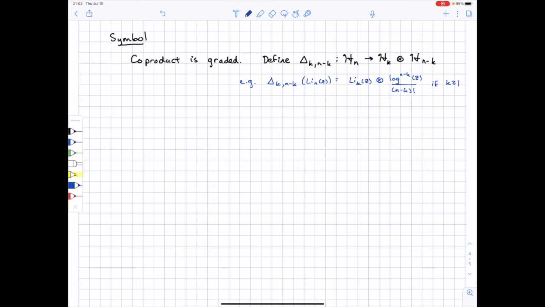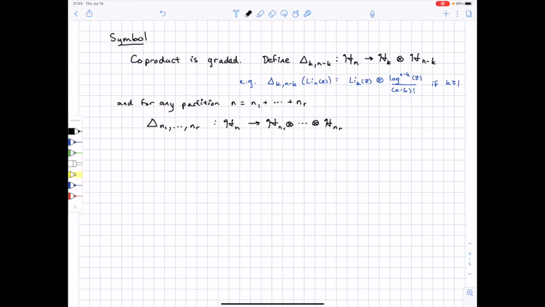And as we iterate the coproduct, we can further define, for any partition of n into integers, n equals n1 plus ... plus nr, non-negative integers, of course, delta n1 dot dot dot nr is the map from the weight n polylogs to this space in which, after r minus 1 iterations of the coproduct, we arrive at the decomposition into precisely this set of weights.